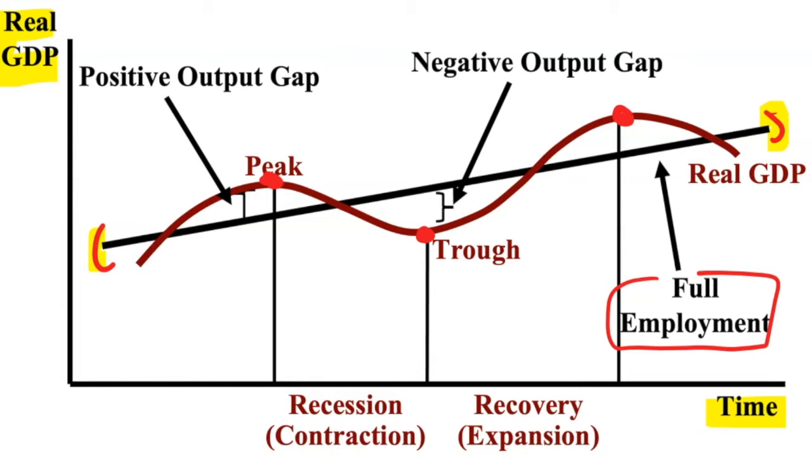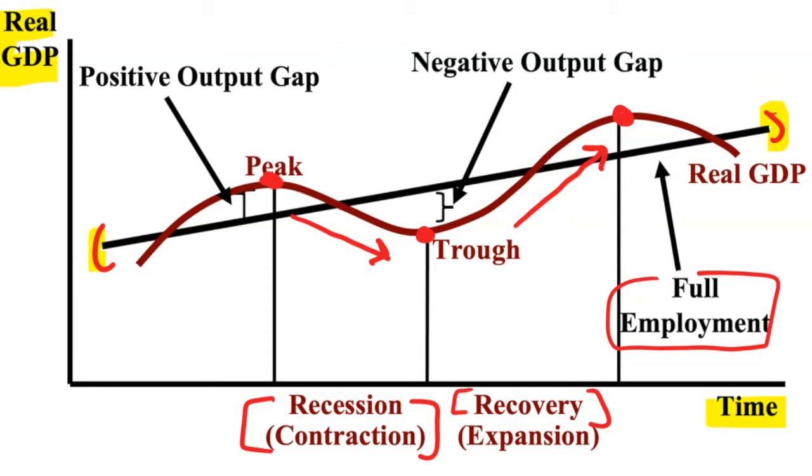If we're going through a decline from a peak to a trough, we're experiencing a recession. If we're going from a trough to a peak, we are experiencing recovery or expansion within our real GDP.